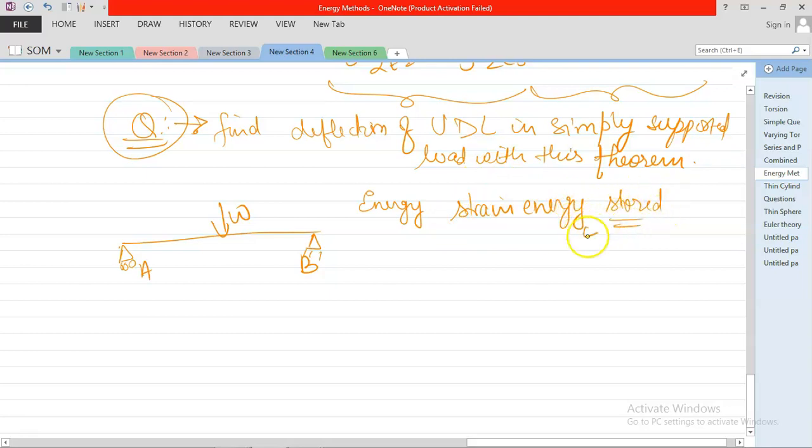Total strain energy, as we all know, it is a bending problem, so you are going to use the equation integral of M square dx upon 2EI. So first of all, we need to find the bending moment.